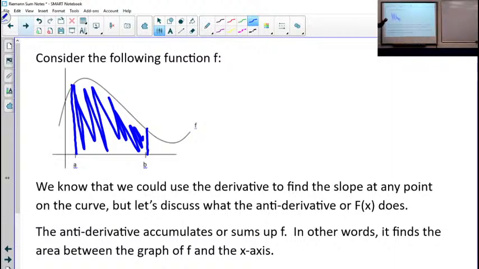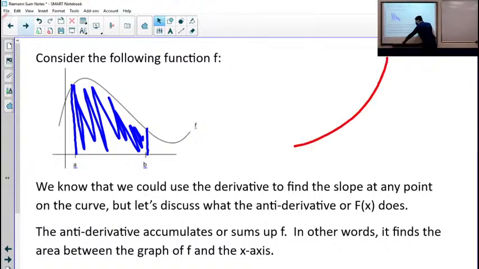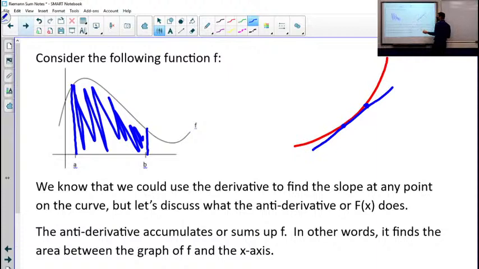Now, here's a question I want to leave you with here. We looked at a curve, and using the slope of a secant line like this, we picked a point very close to it and used it as an approximation of what the tangent line looked like.